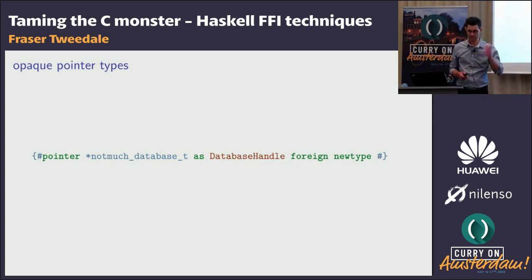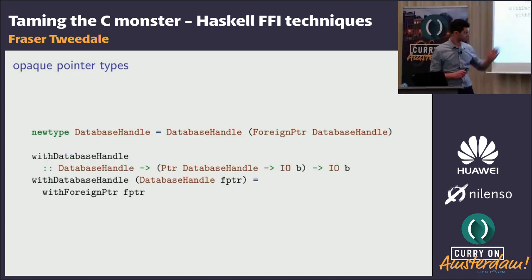We reference the name of the type. We tell it what we would like the Haskell data type to be called, in this case DatabaseHandle. And we can optionally specify that it will be a foreign pointer rather than a bare pointer, and a newtype rather than a type synonym for a ForeignPtr DatabaseT or a ForeignPtr whatever.